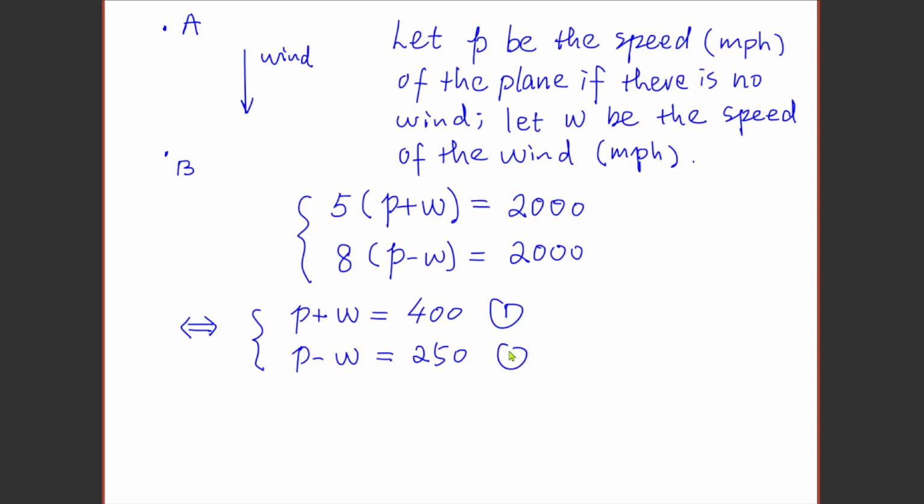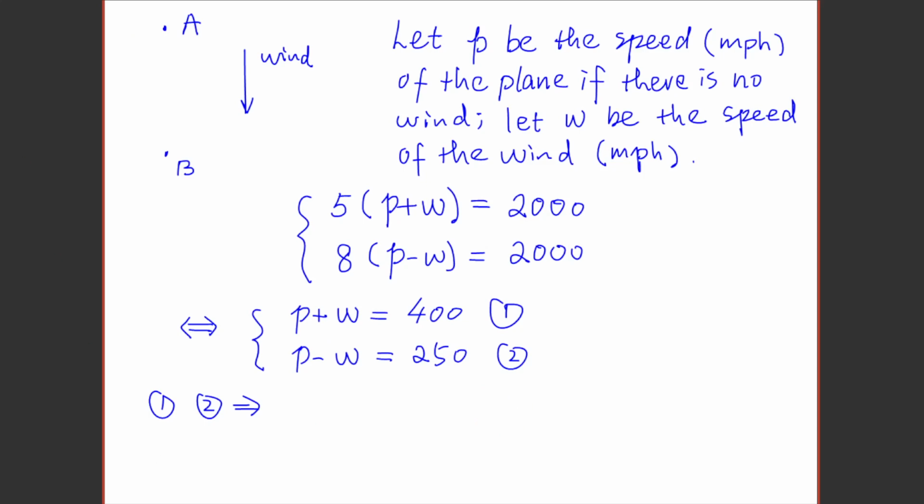And then we could use the first equation plus the second equation, which gives us 2P equals 650, which means P equals... oh, actually we don't have to solve P here. We need the speed of the wind, right?